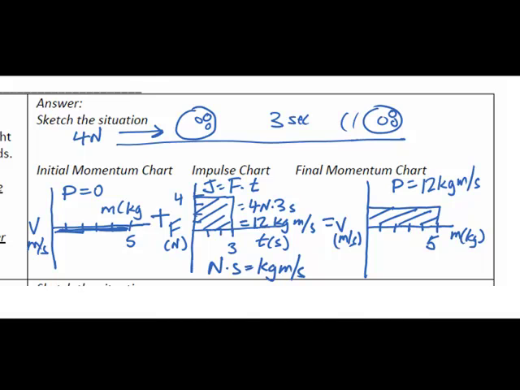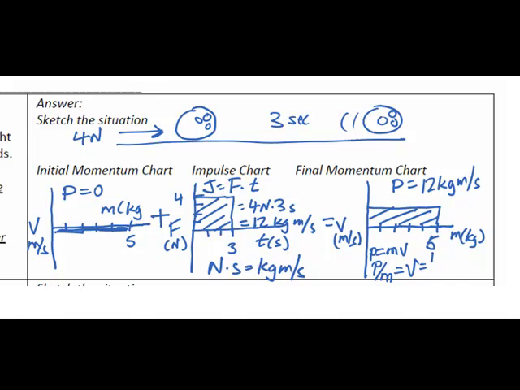And the last thing we have to look at, what's the velocity of this ball? We know that momentum is equal to mass times velocity. We have the mass and we have the momentum, so we can figure out the velocity. Another way of thinking of this is, if I'm given the area of a rectangle and I have the base, what's the height? So we could also express this as momentum divided by mass equals velocity.